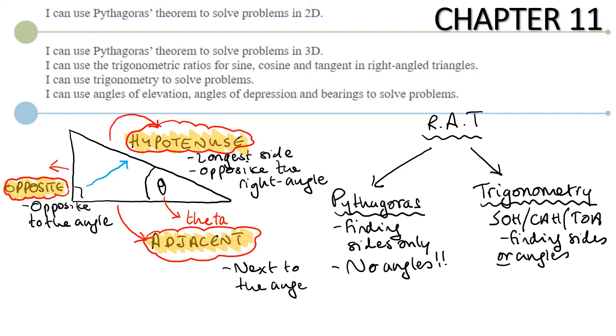In the question, you will have sides and or angles, so you may have sides and you're trying to find an angle. Okay, so let's start by looking at Pythagoras.